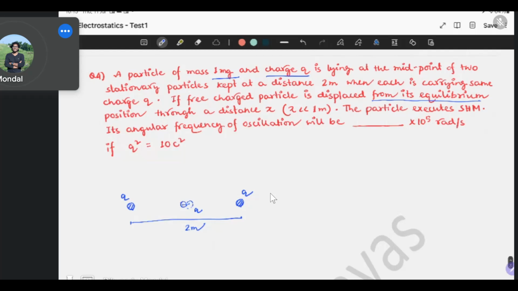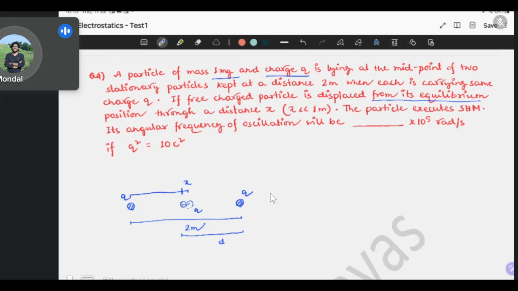Now, how we are going to solve it: let's say this distance is d, and this one is also d, and the displacement from the midpoint is x.